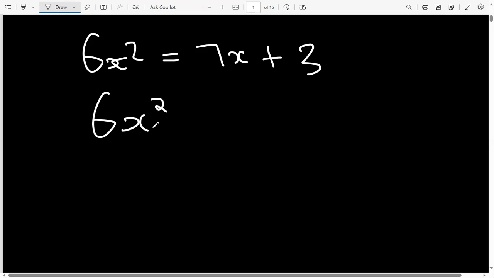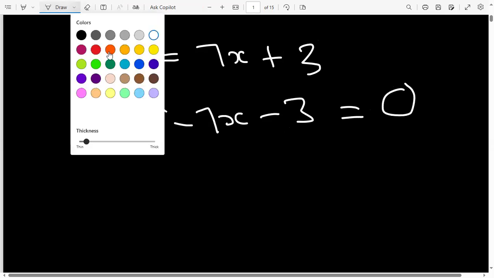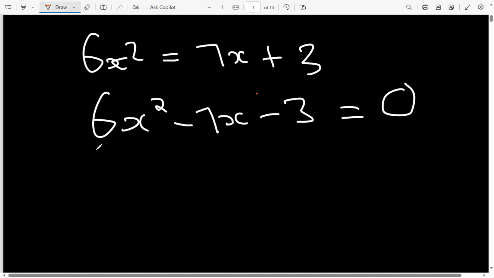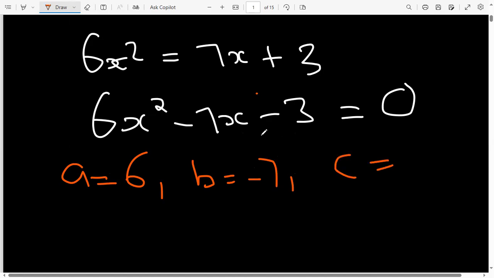So this will be 6x squared minus 7x minus 3 equals 0. Our a is the coefficient of x squared, which is 6. Our b is the coefficient of x, which is minus 7. And our c is the constant that is left there, which is minus 3. So we have our values of a, b, and c.